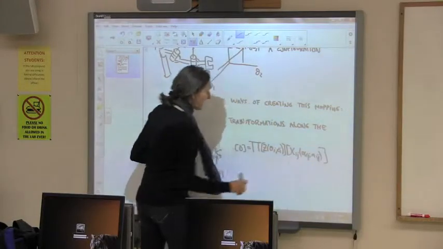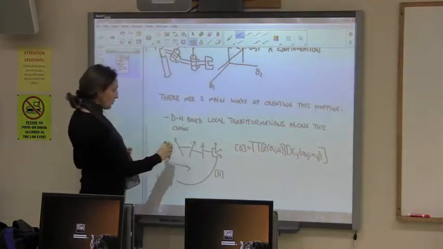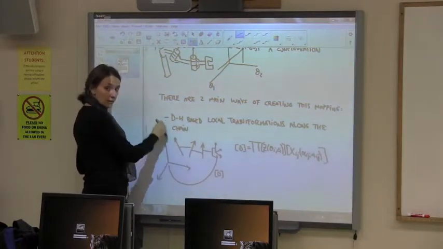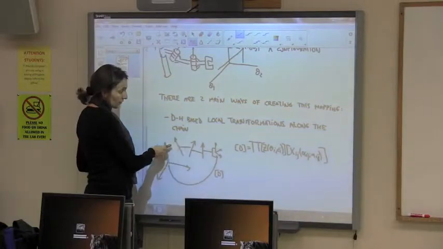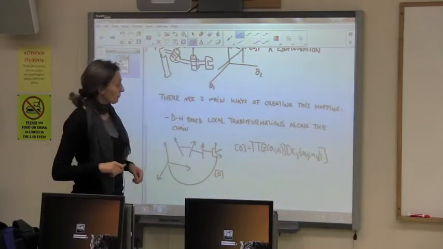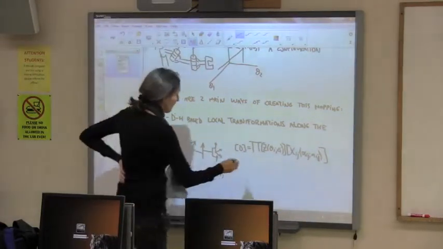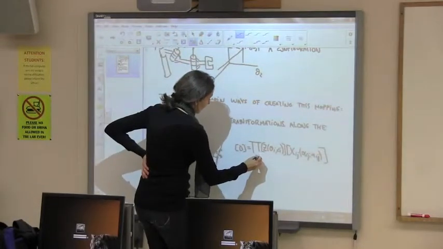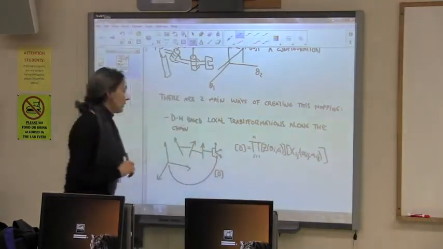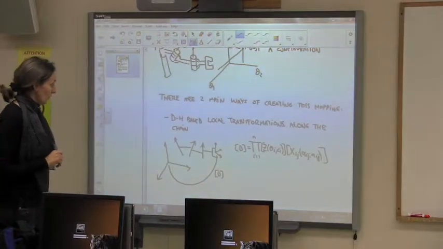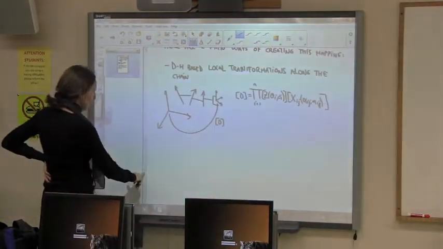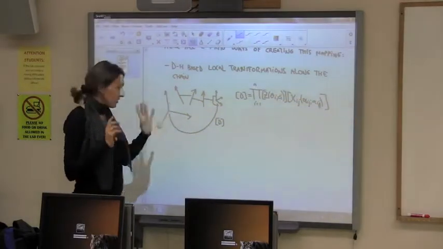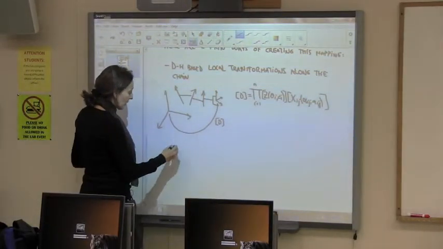So if you can define these parameters, the rotation about the Z and the translation along the Z, and the rotation about the X and the translation along the X, you have this, i equal 1 to n. Z is along what? Because we don't use Denavit-Hartenberg, I don't want to waste too much time. This is in chapter 2, but basically what you do is locally you move like this.